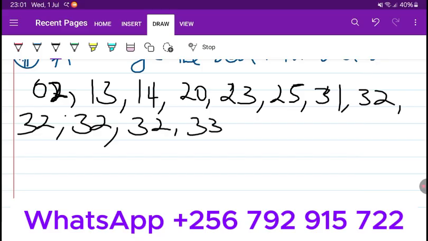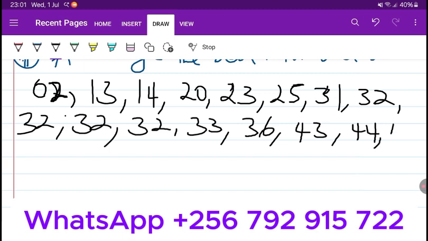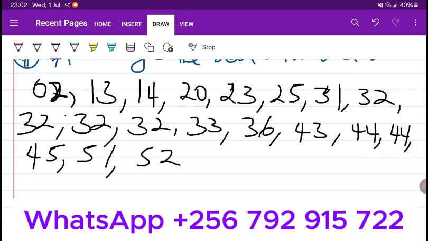Then the next one is 33, 36, 36, then 43, 44, then 44 again, then we have 45, 45, then 51, 52, and finally 57.